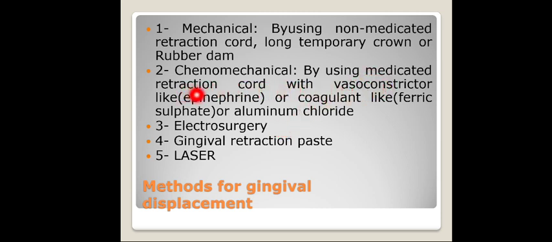It uses the medicated retraction cord. It may be mixed with a vasoconstrictor like epinephrine, or a coagulative material such as ferric sulfate or aluminum chloride. These materials cause coagulation of the bleeding tiny blood vessels in the gingival sulcus, and prevent bleeding in the gingival sulcus during taking the impression.